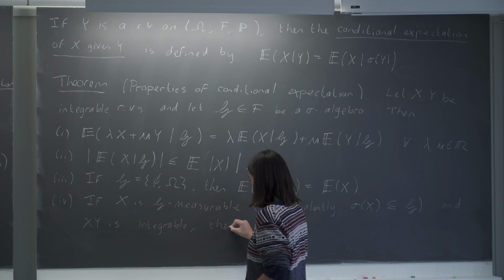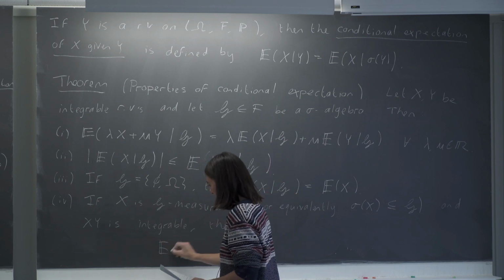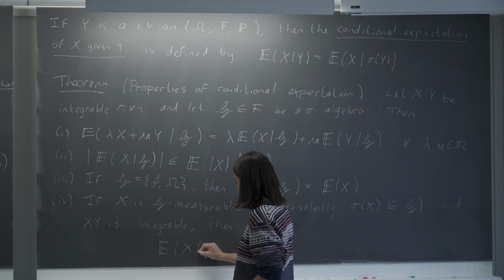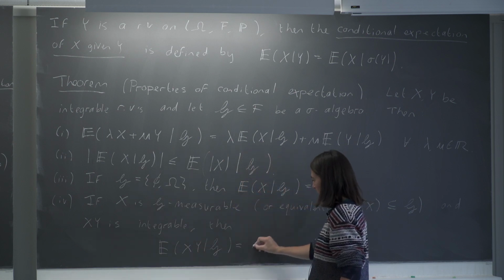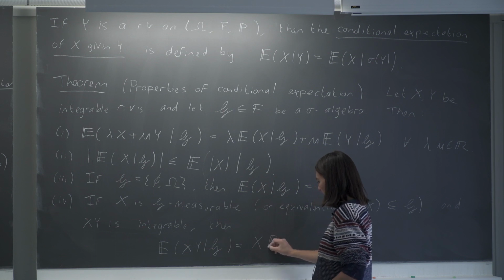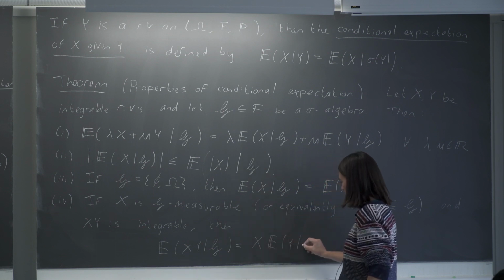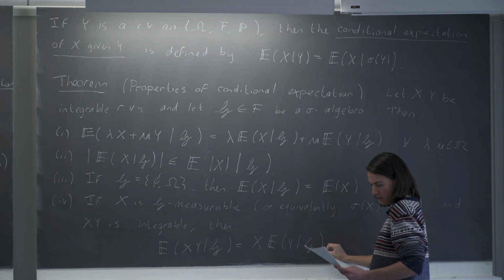Then the expected value of XY conditioned on G is equal to X times the expected value of Y conditioned on G.